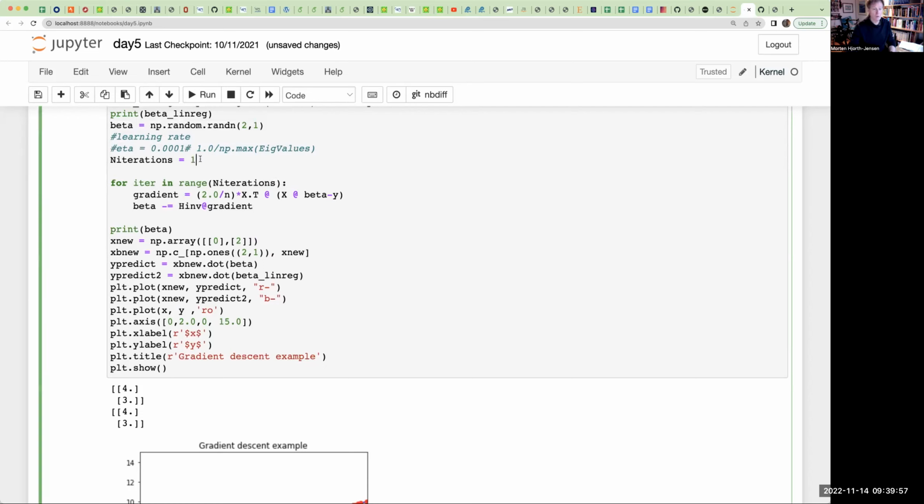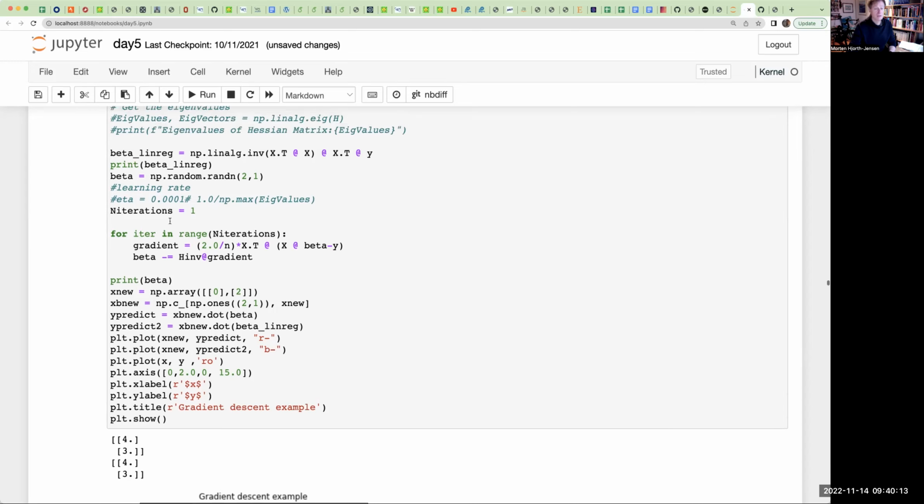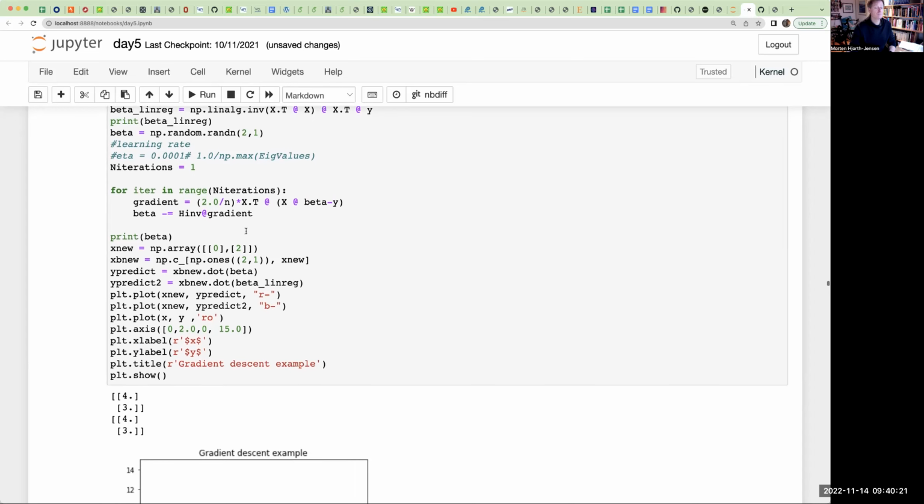If we put that one to 1, you will see that we get the exact result, because now we do have the exact inverse of the Hessian matrix multiplied with the gradient, and that means we are just spot on the correct result, even if we started with a random value here. So the first iteration was actually a random value, and then this brings us to the correct result.